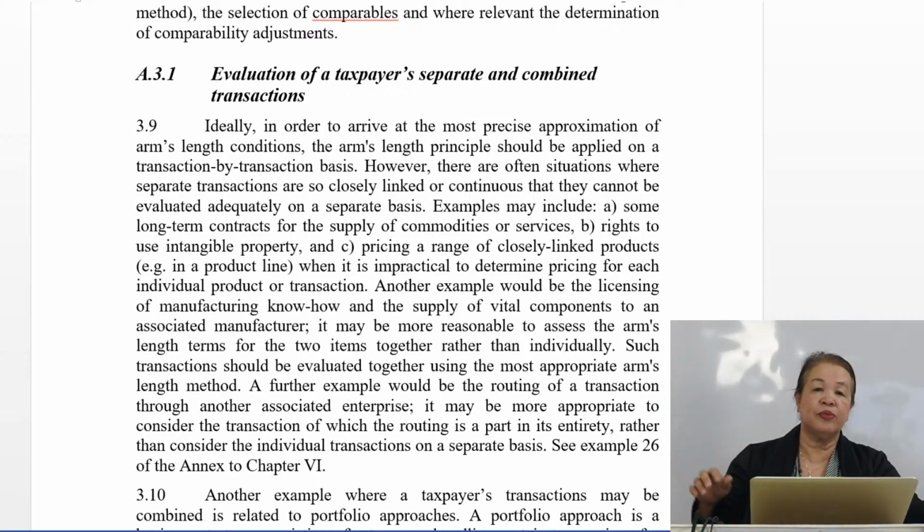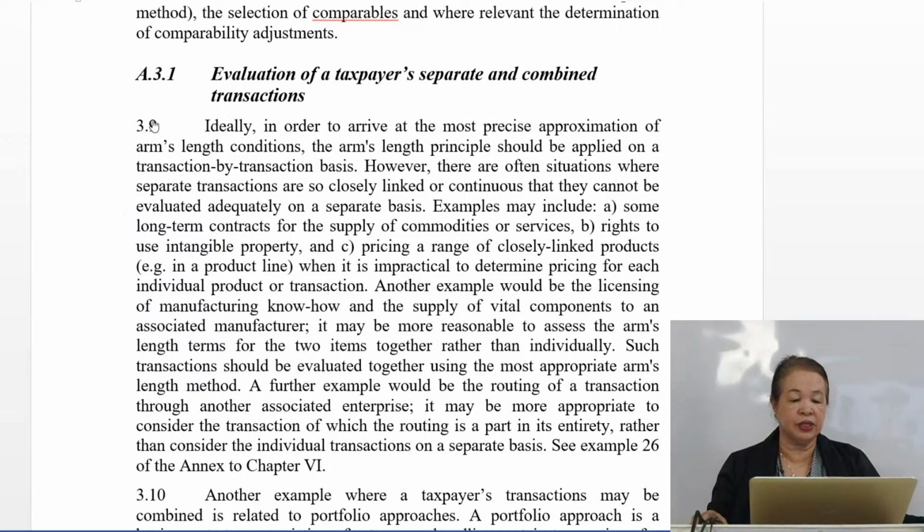A further example would be the routing of a transaction through another associated enterprise. It may be more appropriate to consider the transaction of which the routing is part in its entirety, rather than consider the individual transactions on a separate basis. So see example 26 of the annex to chapter 6.